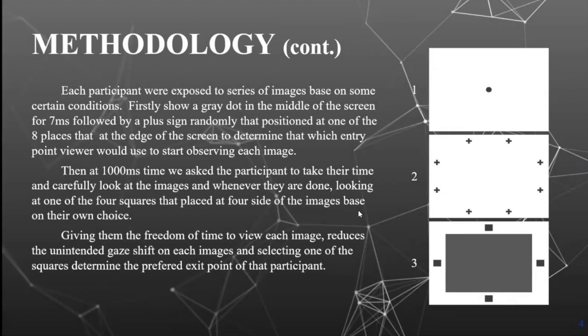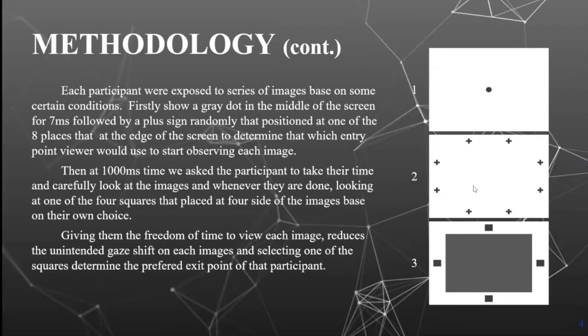This slide explains the process of how we conducted the test. We exposed every participant to a series of images, but each image started with a dot and then a plus sign, which is randomly placed in any of these 8 positions.